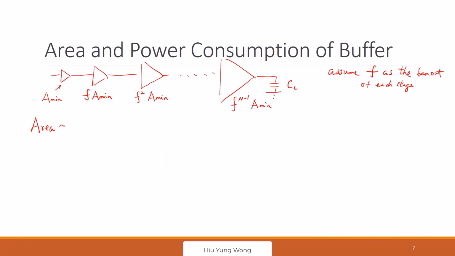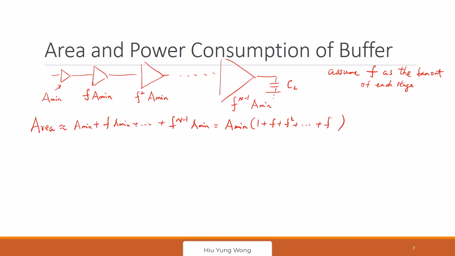As an approximation, it's going to be A min plus f A min, all the way to f^(n-1) A min, which is equal to A min times 1 plus f plus f squared, all the way to f^(n-1).